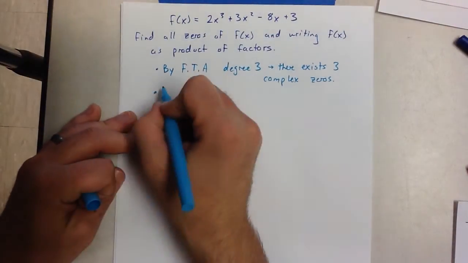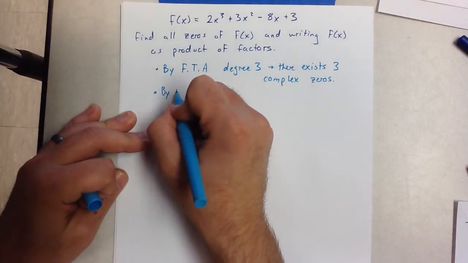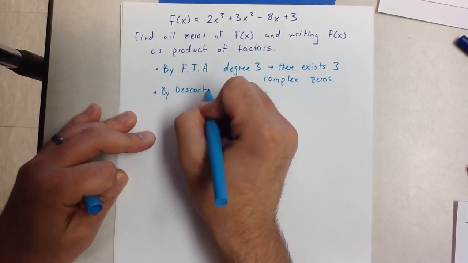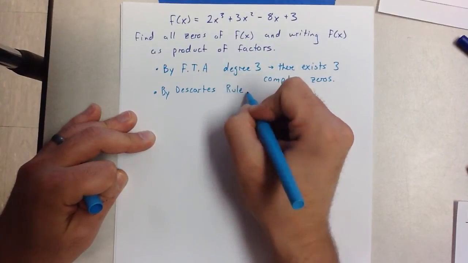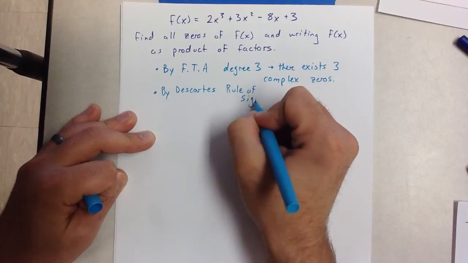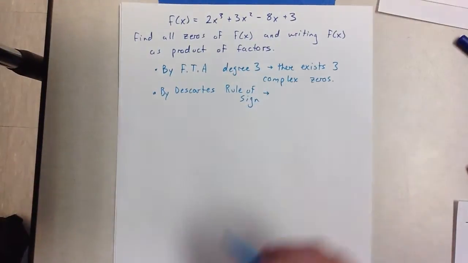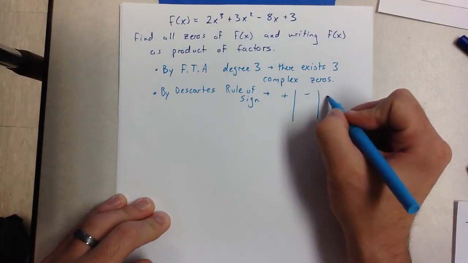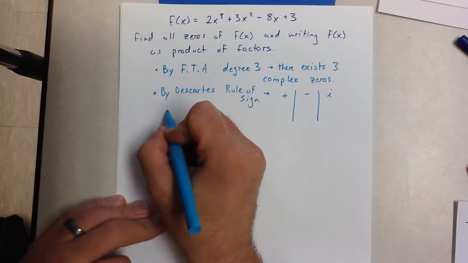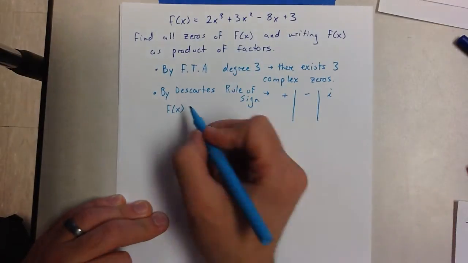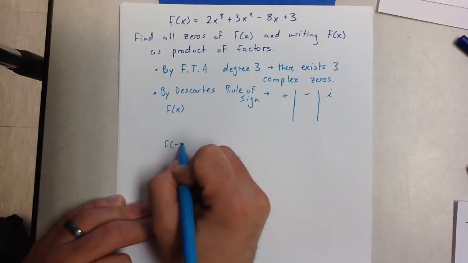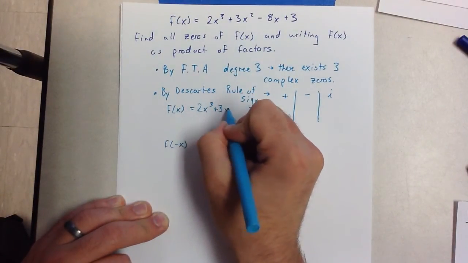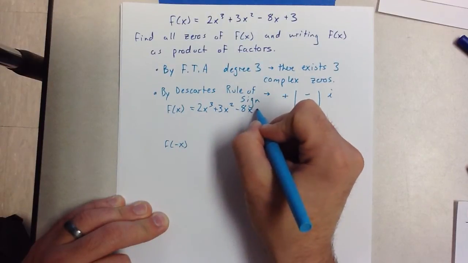Okay, next. By Descartes' rule of sign, it tells us exactly the types of zeros. So this is where we have positive zeros, negative zeros, and imaginary zeros. So we have to look at our f of x and f of negative x. Okay, f of x, just copying this down, 2x cubed plus 3x squared minus 8x plus 3.